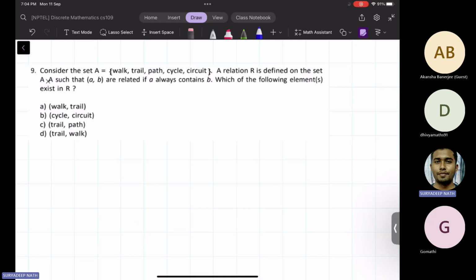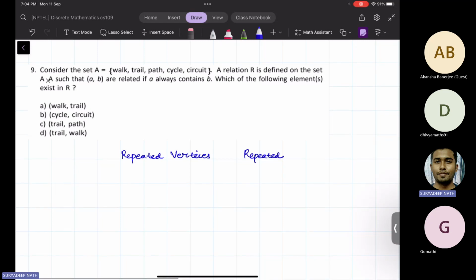Now, what do you think of this question? I'll just write it for definition. Repeated vertex, repeated edge.